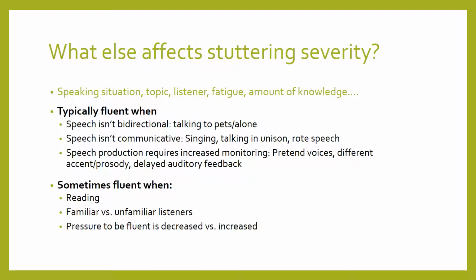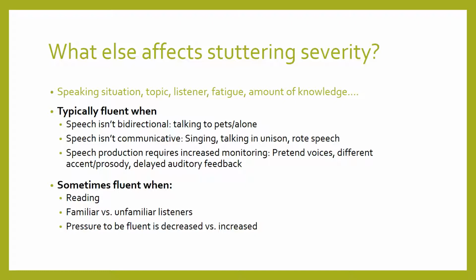So in general, speech is usually more fluent when it isn't bidirectional, which means that there isn't a conversational partner. You are talking out loud to yourself, you're talking to a pet, you're just kind of getting the message out, but no one's there to judge what you're saying. You're going to be more fluent.